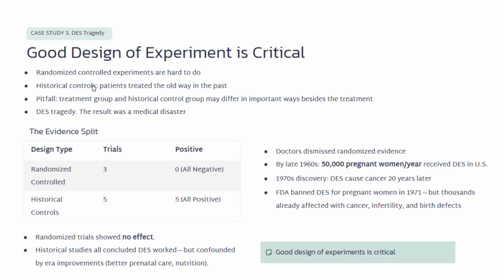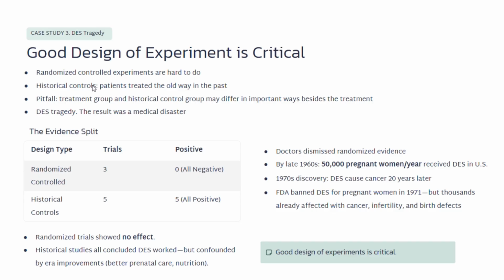But the doctors at the time relied on the historical controls, and all those historical studies showed positive results. But then it became evident that all those studies were biased by the era improvement. In 1970, it was discovered that DES causes cancer.